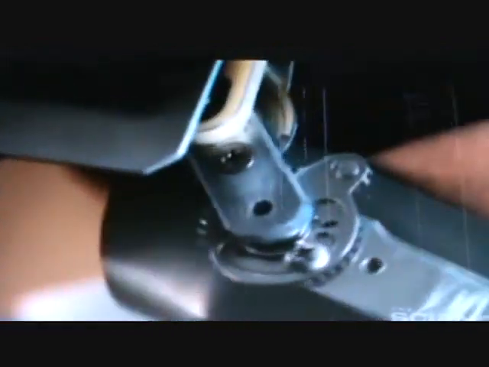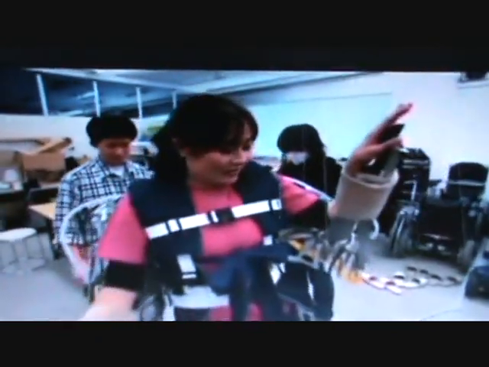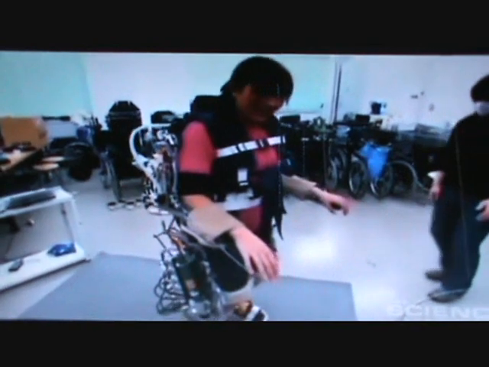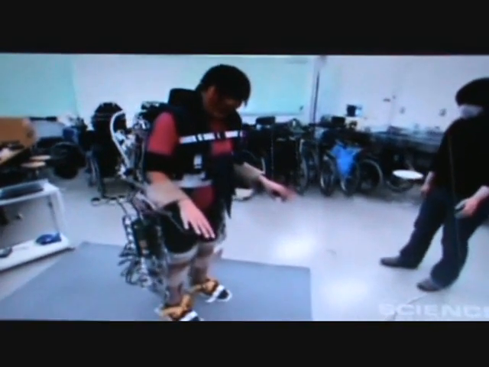Sensors that pick up movement in your muscles activate dozens of battery-powered air pumps. These, in turn, inflate airbags on the suit, which increase my natural strength. A microprocessor calculates exactly how much force is required and where. I can feel it popping me up. So you're supported in every movement.